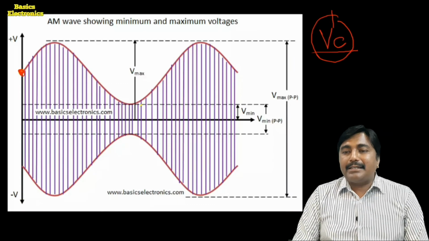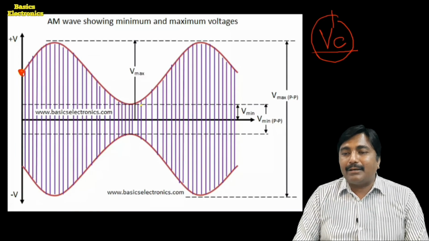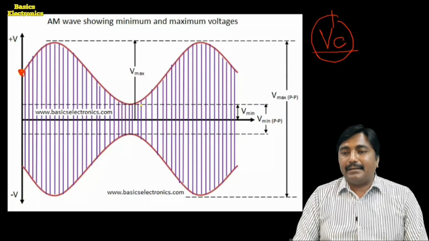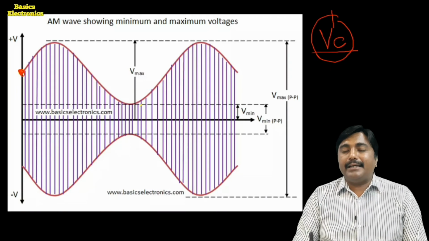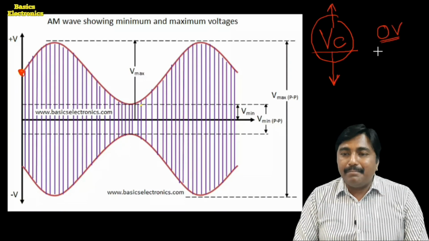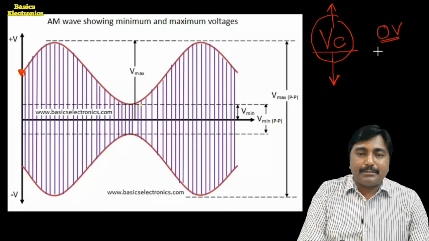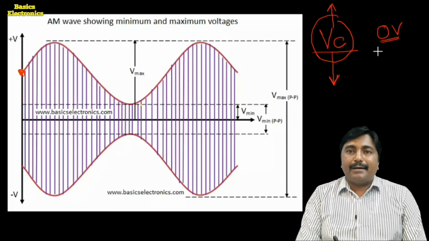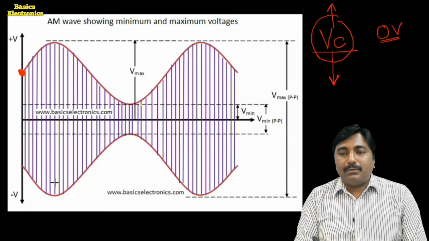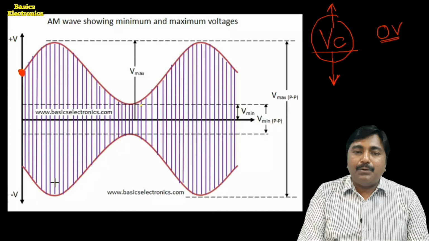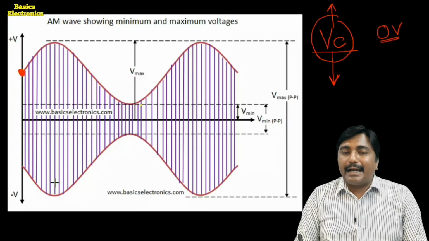And we know that at 0 volts of the modulating signal voltage, the modulated signal voltage remains constant. So at this point the modulating signal voltage value is equal to 0, which means this point is the peak voltage of the carrier signal.